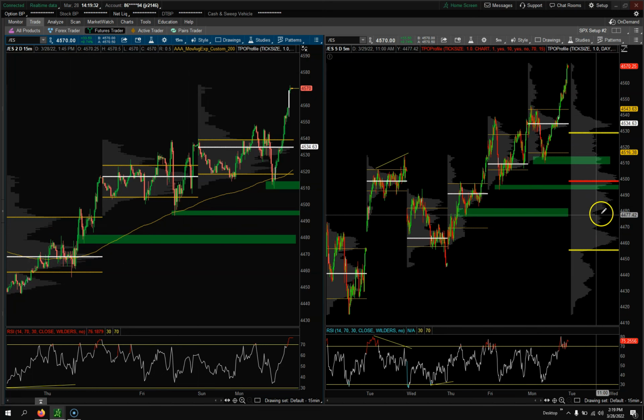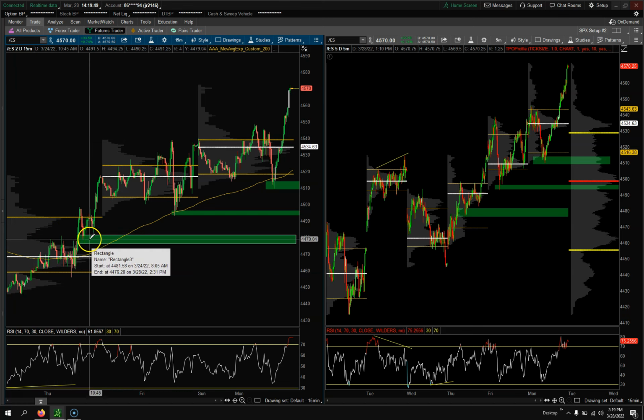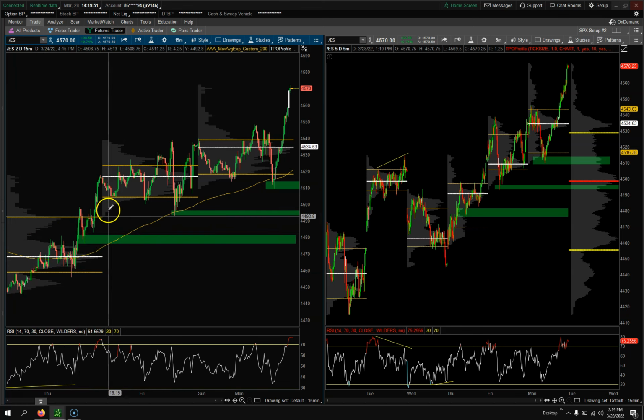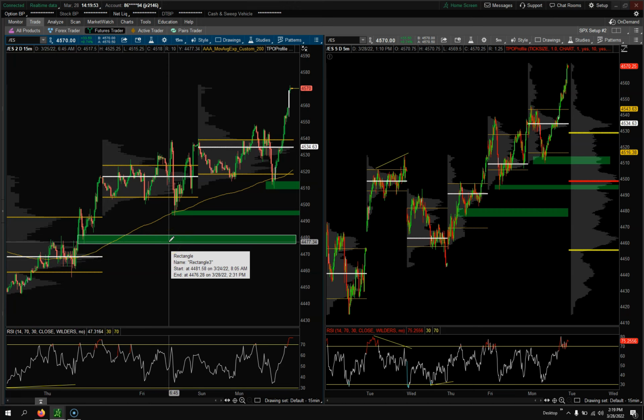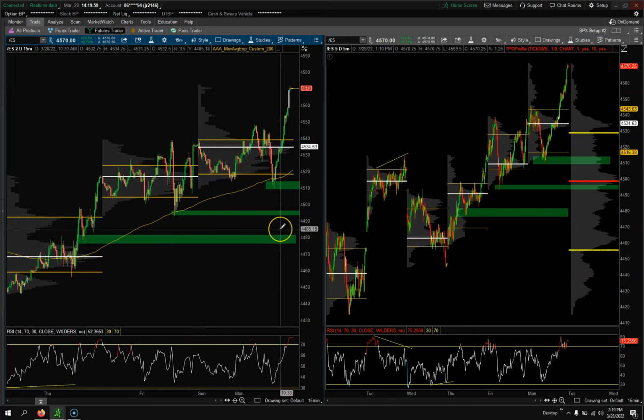We can see a low volume node right here. Look at how clean this is. It's literally the lowest volume, at 44.79, and the base is essentially that 44.79 level. So yes, I would expect the buyers to step in and potentially bring this back up for a potential bounce.